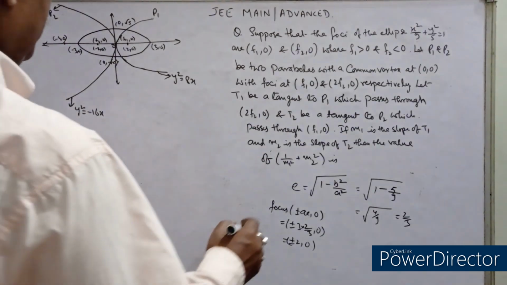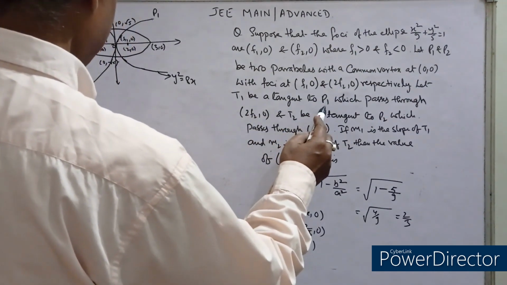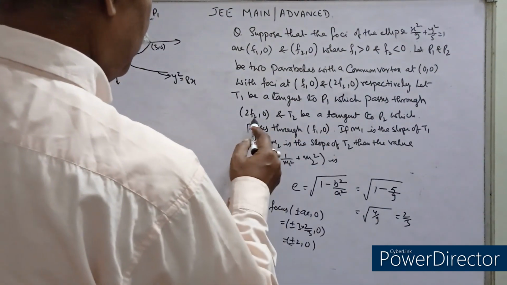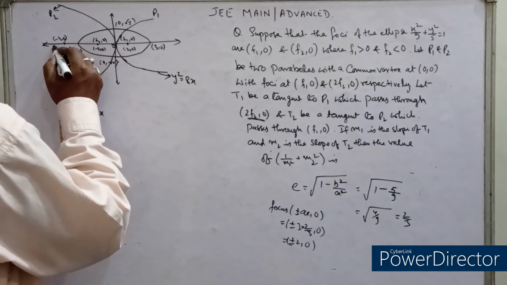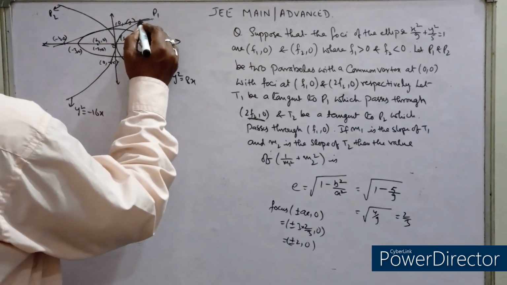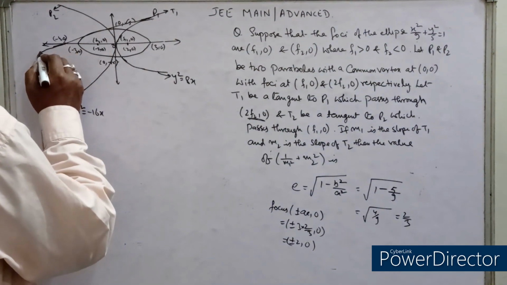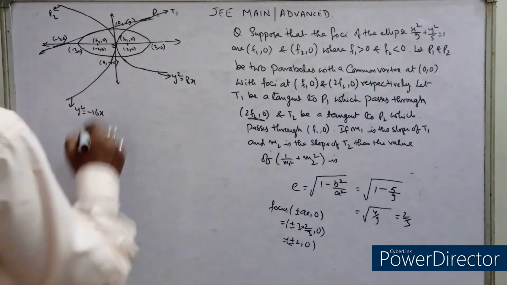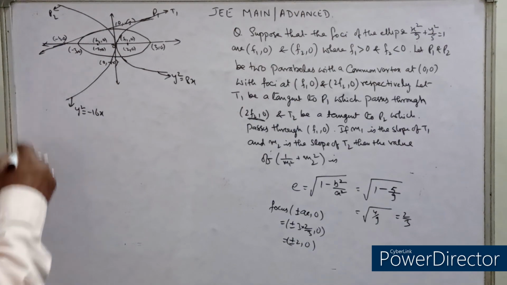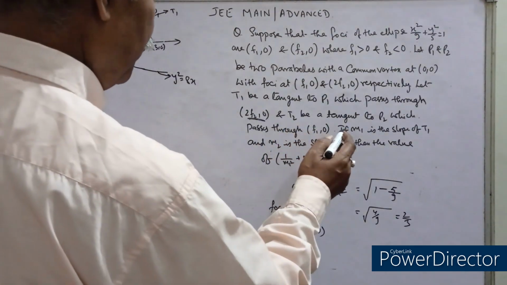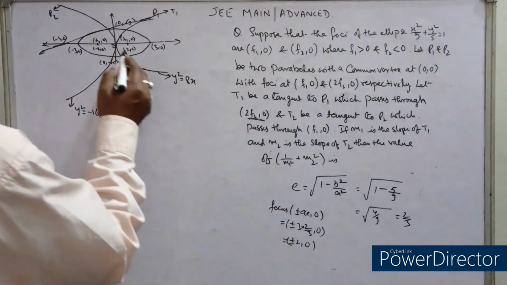Now again, T1 be a tangent to P1 which passes through this one. So this is your tangent T1, which is tangent to P1, and another T2 be a tangent which passes through this f1 comma 0.